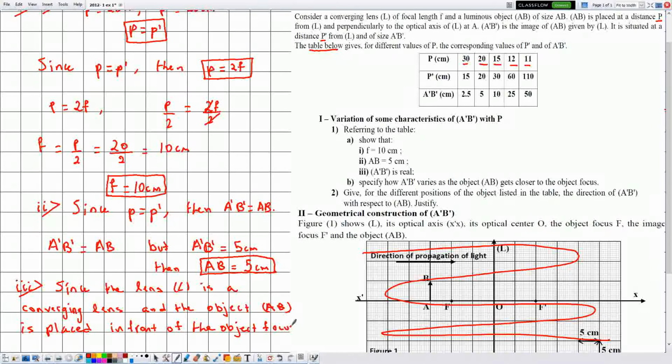Why is it placed in front of the object focus? Because all the values of P are greater than the focal length.